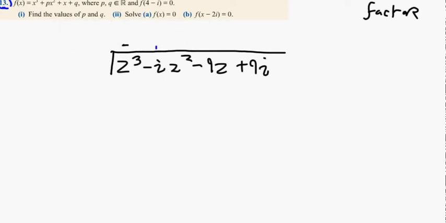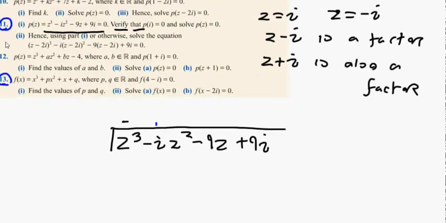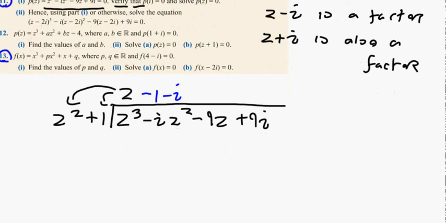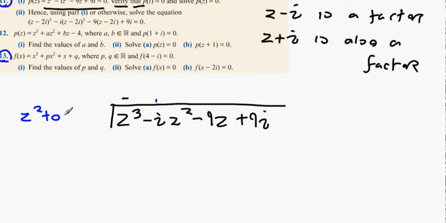Excuse me. What you have to remember is when you're dividing in by z squared plus 1, the middle part is z squared plus 0z plus 1. Okay, so that's why we're not lining up properly.